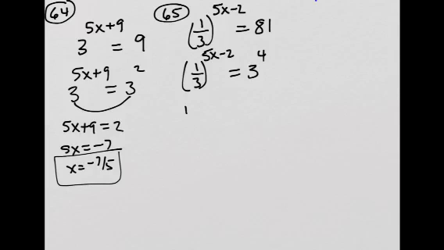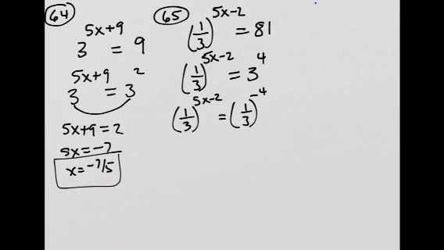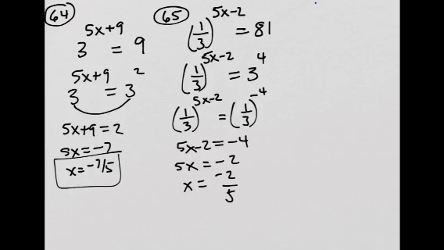So if I switch 3 on the right side to 1/3, which you can do, that would make the 4 a -4. Okay? Now I could set the exponents equal to each other. So 5x minus 2 equals -4. Add 2 to both sides, and then divide by 5. And that would be the answer.